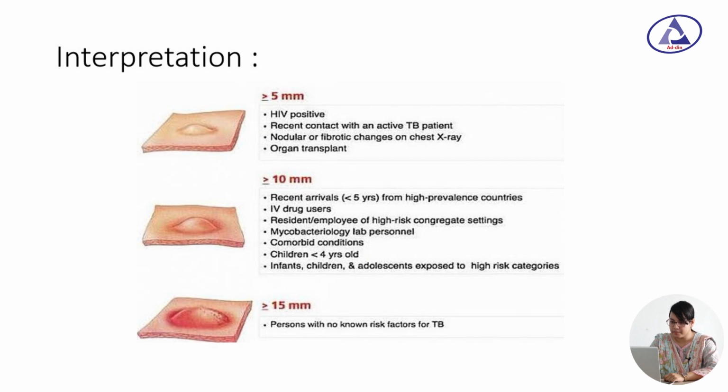If it is more than 10 mm, then recent arrivals less than 5 years from high prevalence countries, IV drug users, mycobacteriology lab personnel, comorbid conditions, children less than 4 years old, infants, children and adolescents exposed to high risk categories. If it is more than or equal to 15 mm, then persons with no known risk factors for TB.